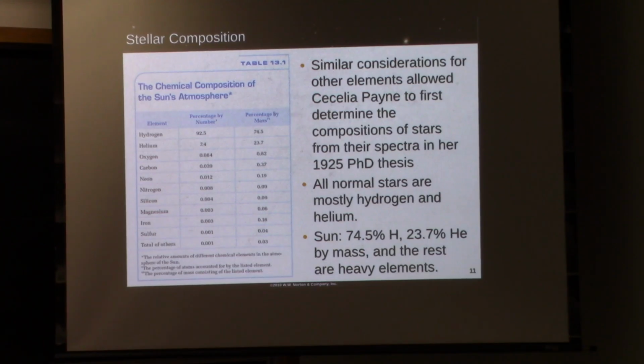Capital Y is the mass fraction of helium. And capital Z is the mass fraction of metals. In other words, everything else, mass fraction of metals.